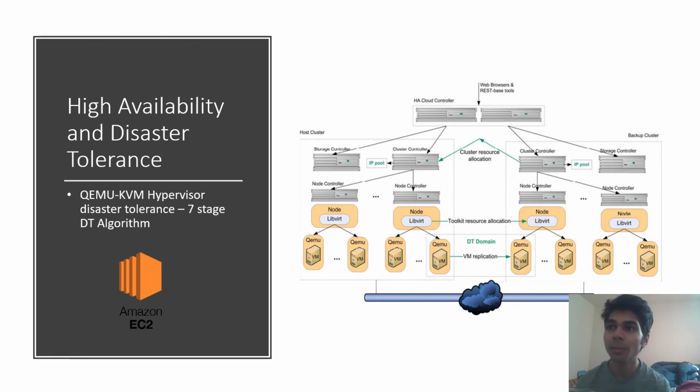And as you can see, the cloud manager, as it's traditionally called, is called the HA Cloud Controller. So this basically takes in the REST APIs from all the web applications in our cloud, and it distributes it to the node controllers in each data center, and it allocates the hypervisor accordingly. So there is optimum resource utilization without any wastage of any of the hypervisors. So thereby it uses everything.